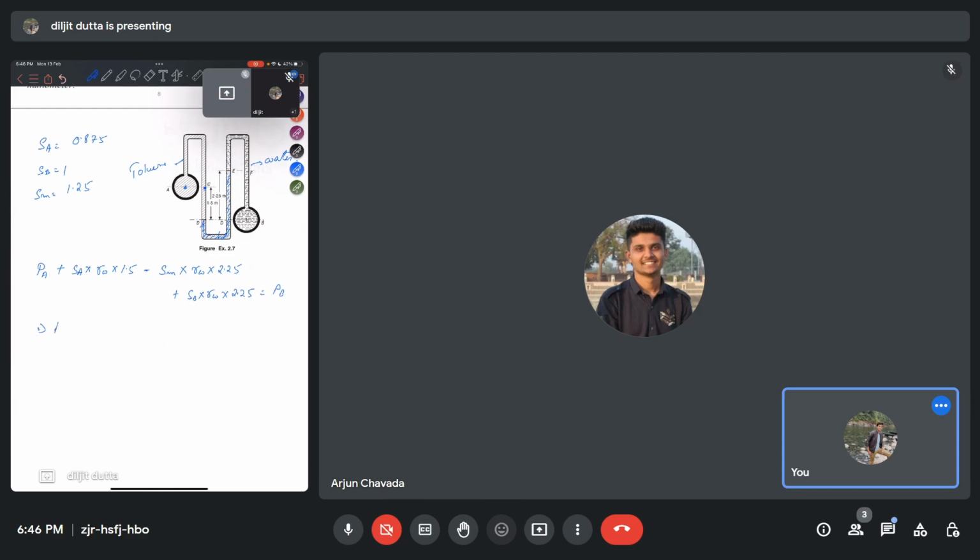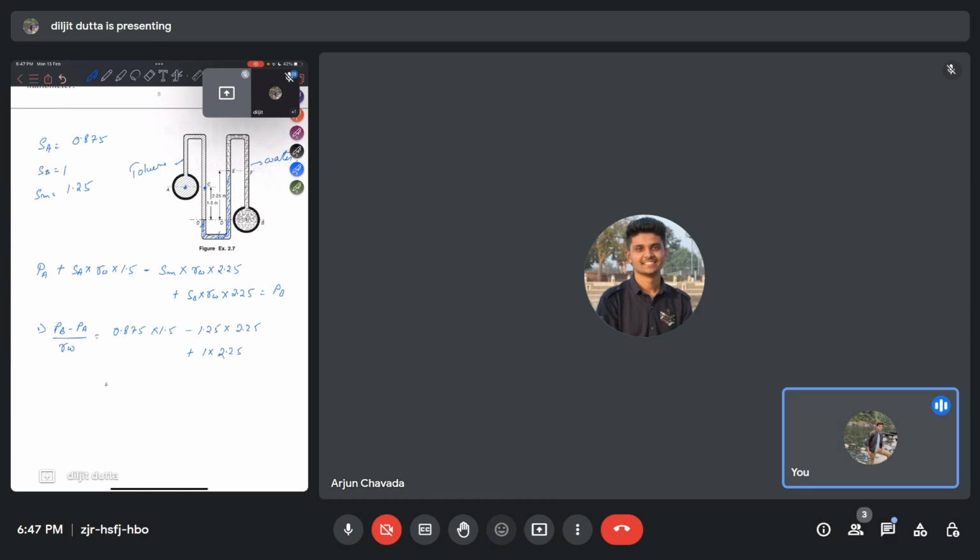So we take PB minus PA, we take gamma water down, it will be SA, 0.875 into 1.5 minus 1.25 into 2.25 plus 1 into 2.25.